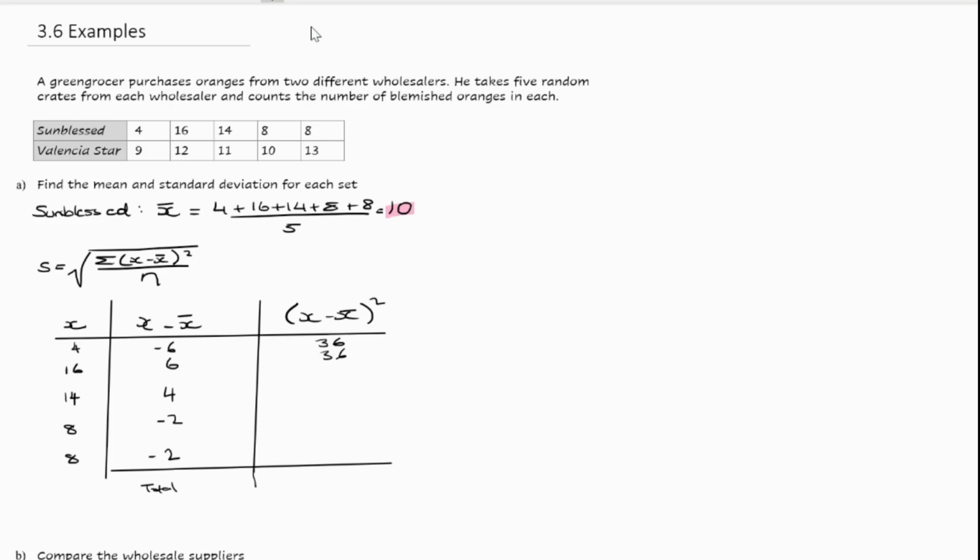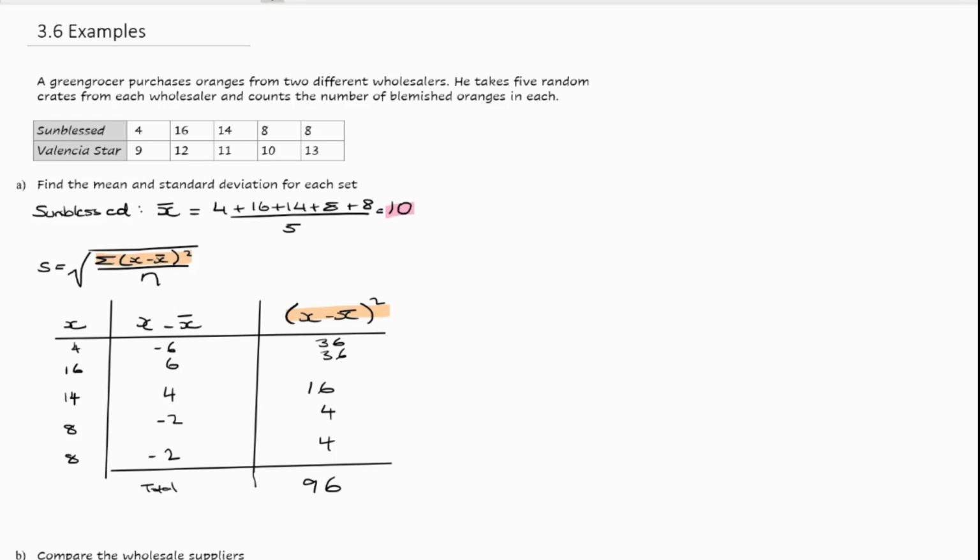This will come to 16, 4, and 4. We can see that it is the sum of my x take away x bar squared, so it's all of these added together, which gives me 96.